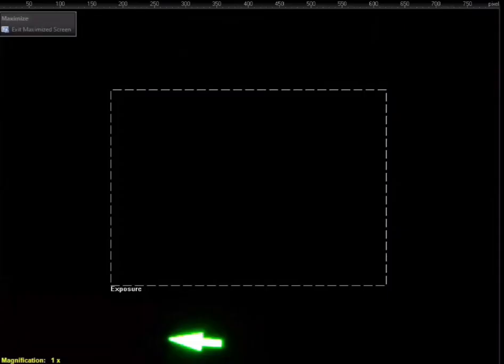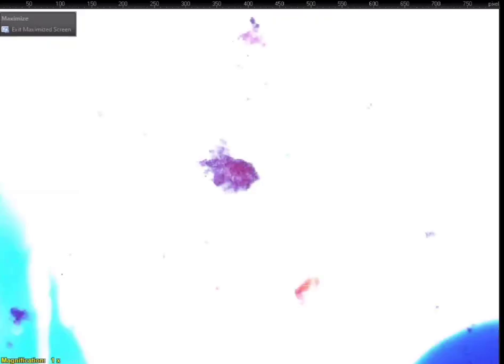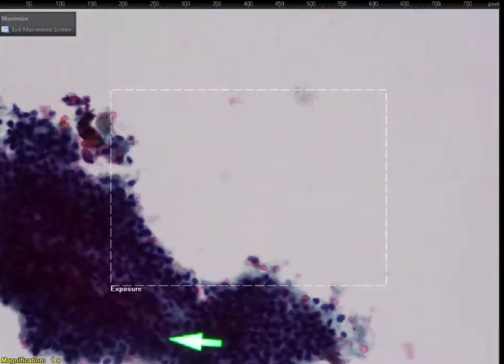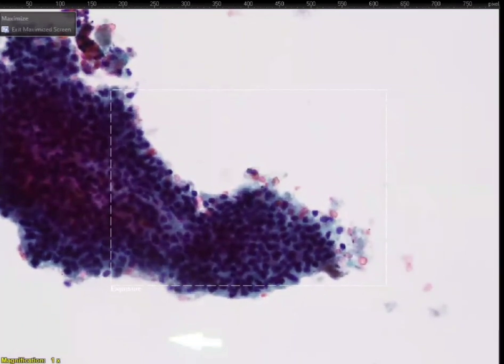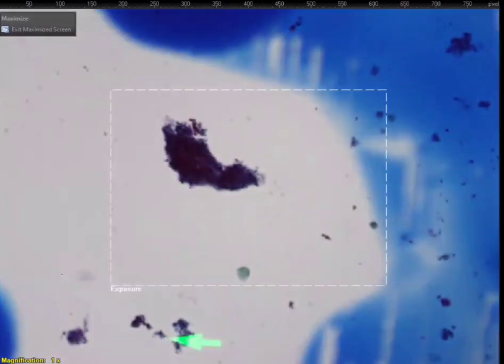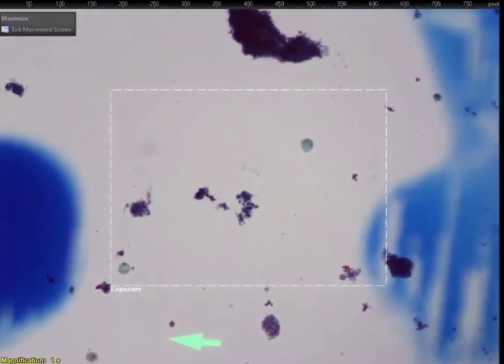Interesting. A lot of very tight groups. Any thoughts? There's a little lateral group.